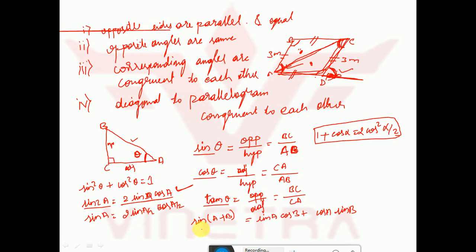All the formulas are related to these, that is sin a plus b, and cos a plus b can be written as cos a cos b minus sin a sin b.